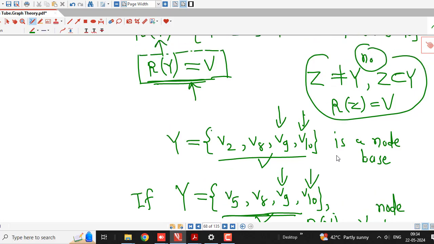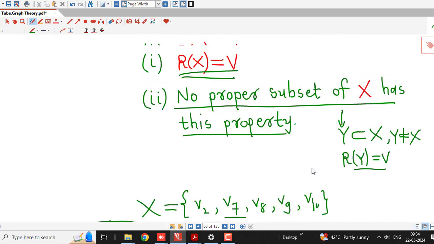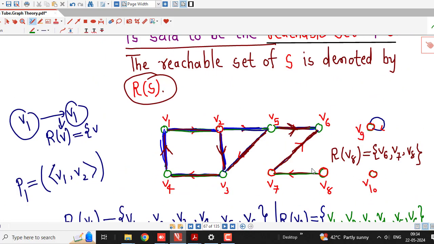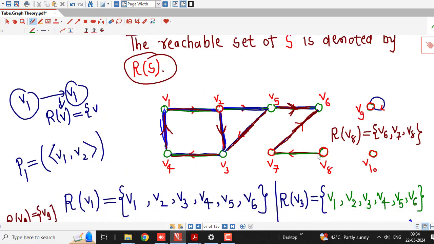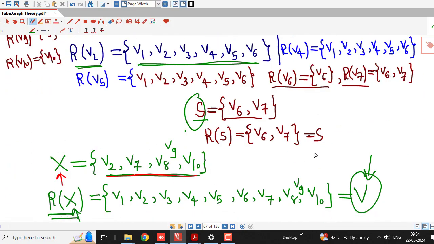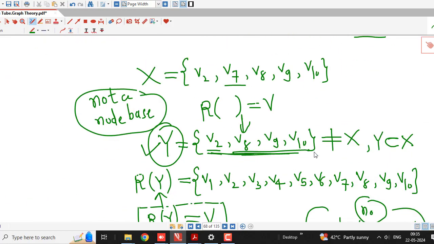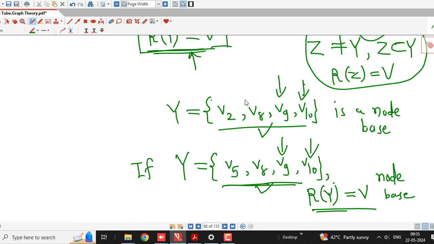And another property is, here we have included V8. So we can see that in degree of V8 is 0. There is no edge whose terminal vertex is V8, or there is no edge going inside V8. So every vertex whose in degree is 0 must be present in the node base. So we have included V8 here.